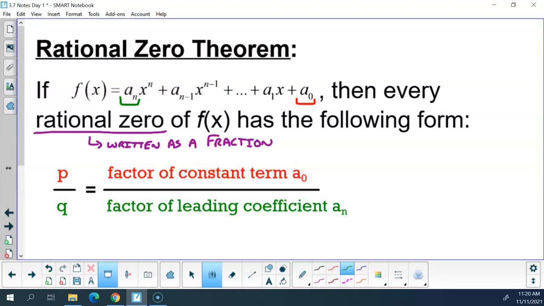So everything else in the middle doesn't matter when you're figuring out the rational zeros.